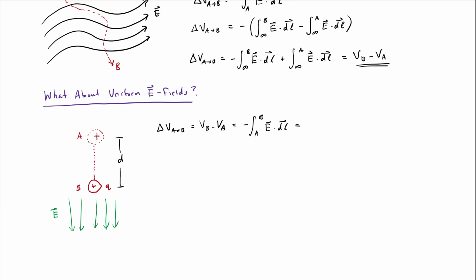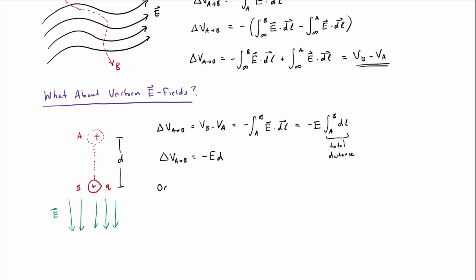Because the electric field is uniform, it's something that I can factor out. And I have the integral from A to B of dl, and that is simply the total length, or the total distance. And so delta V A to B is going to be equal to negative E times d.